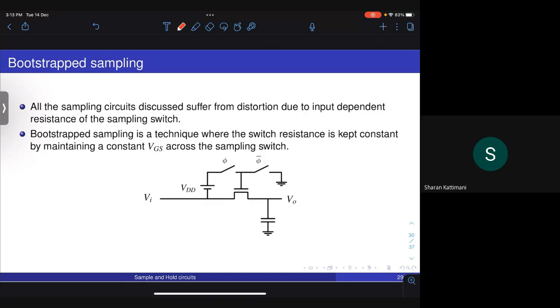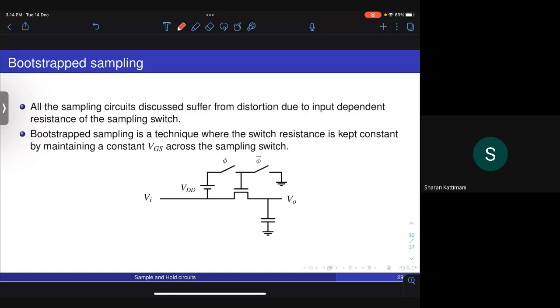The resistance of the NMOS switch we saw changes with the input voltage. Okay, bootstrap sampling is one technique in which you try to maintain a constant resistance of the switch by maintaining constant VGS across the sampling transistor.